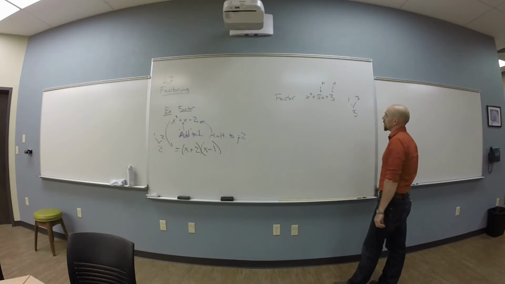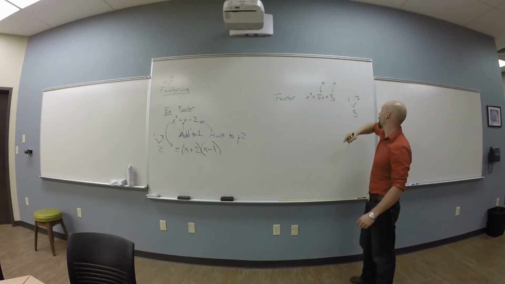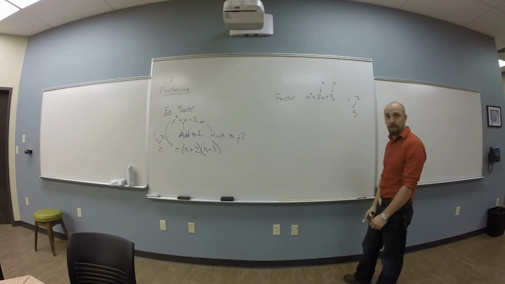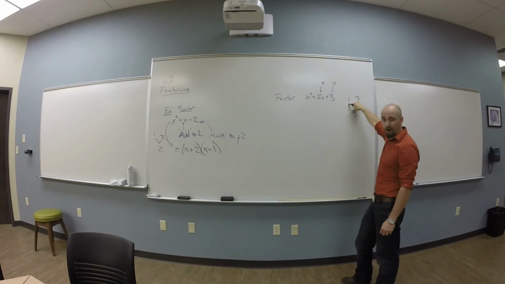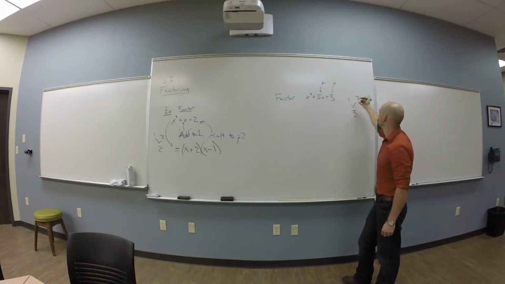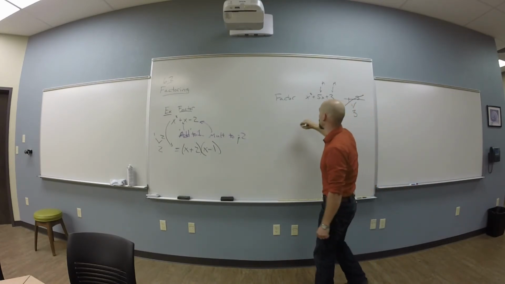There's no way for me to add 1 and 3 and get 5, not even subtracting. The only two things I can get out of this are either 2 or 4. So this pair isn't going to work, and since that's the only pair I've got, this one doesn't factor.